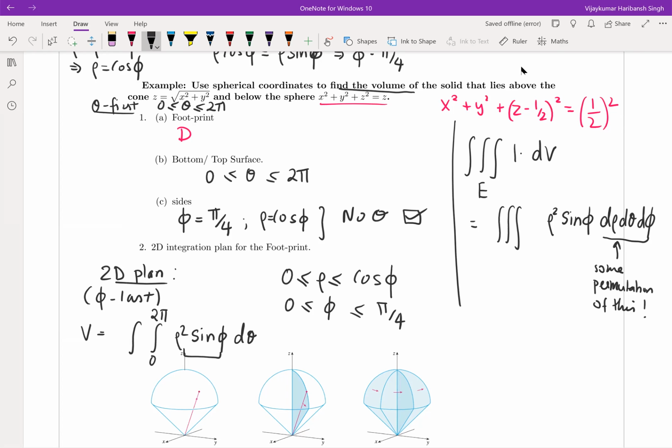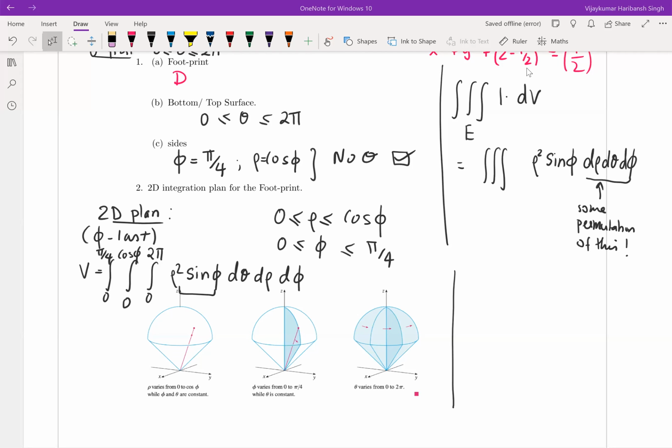Then rho goes from 0 to cos phi d rho. And then d phi goes from 0 to pi by 4. Which we can integrate, and I can just write 0 to 2 pi d theta.